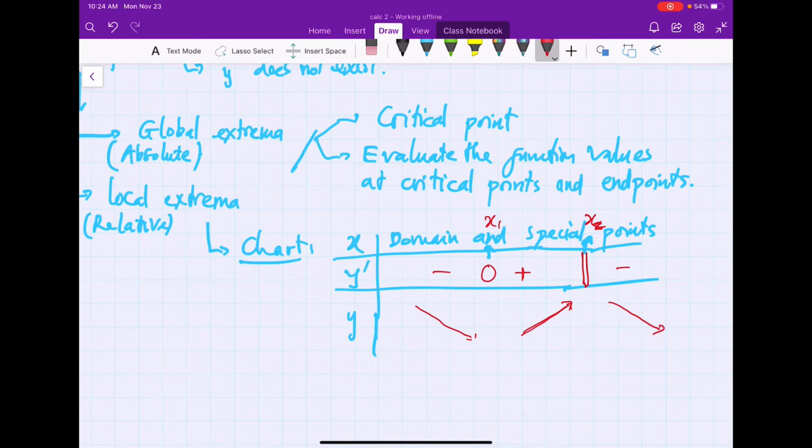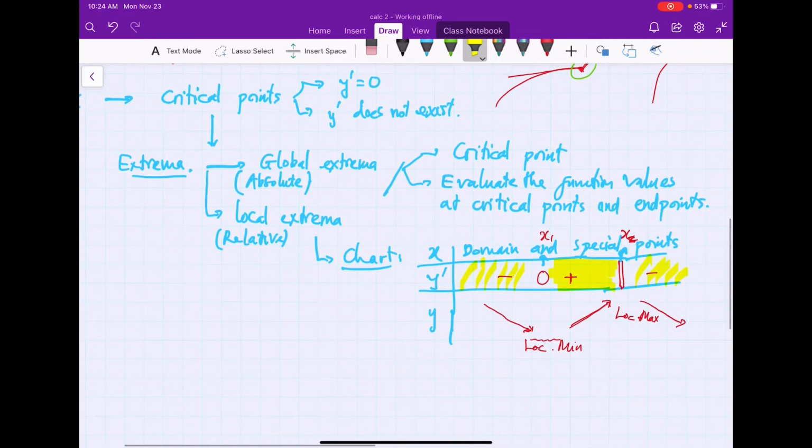So based on this chart, we know the function attains a local minimum in here and a local maximum in here. And not only that, we know the intervals where the function is increasing right here and decreasing right here. Does that make sense? So that is the applications of the first derivative.